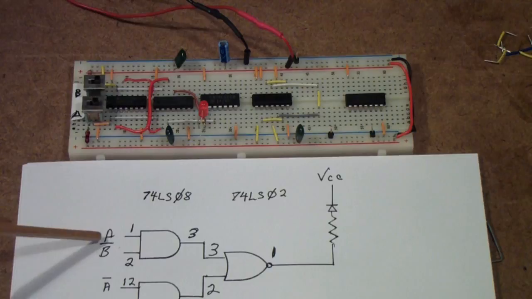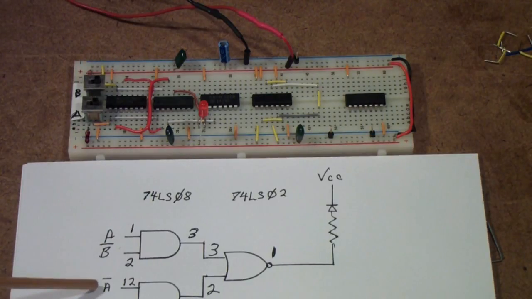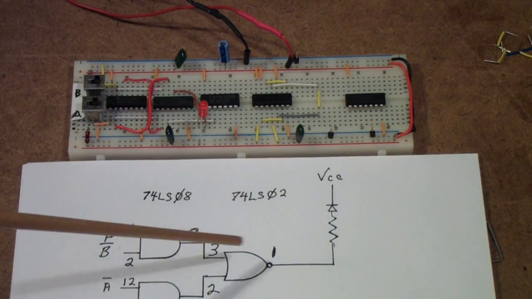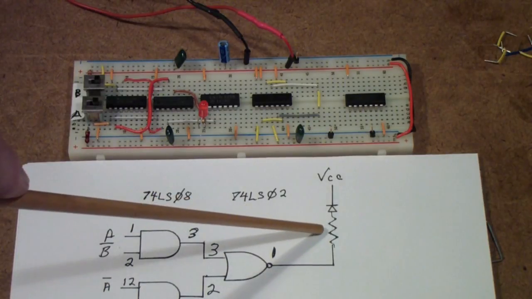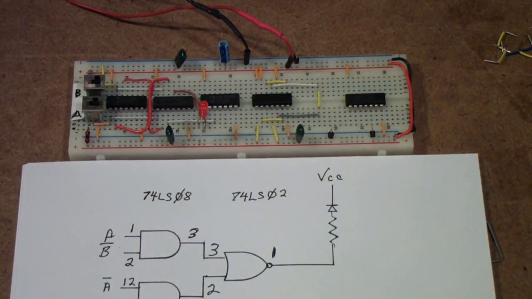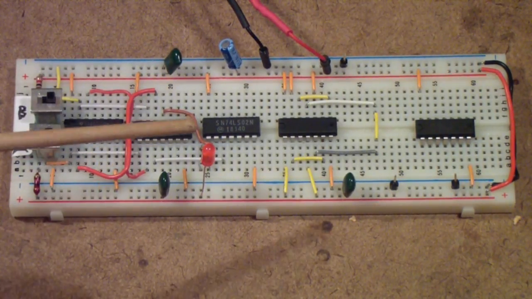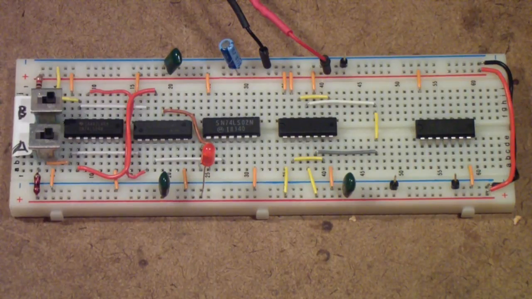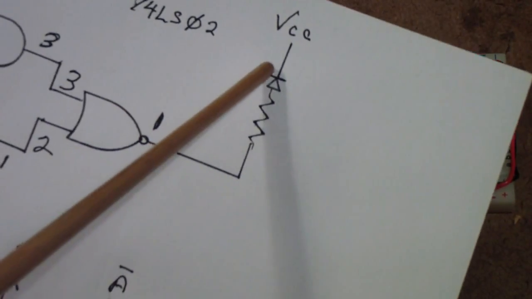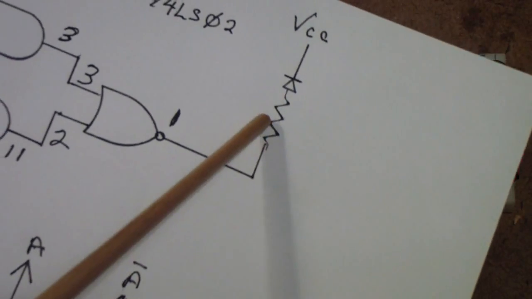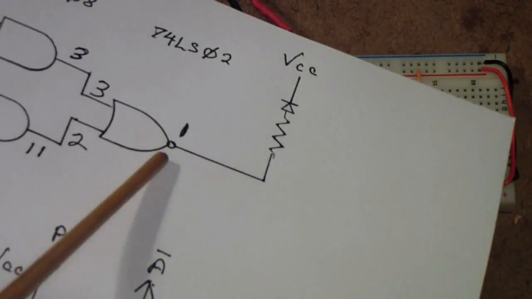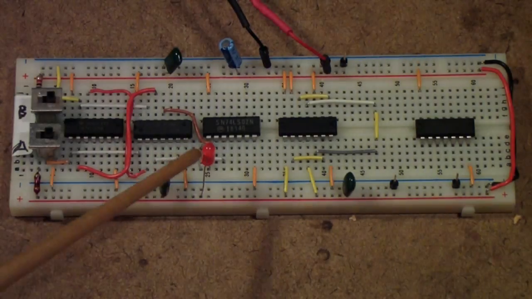In other words, when A and B bar or A bar B are true, then I want an LED to light. So let me show you how that works in the actual circuit. The LED that I showed on the schematic is connected through a 1K resistor to the output of this NOR gate here.